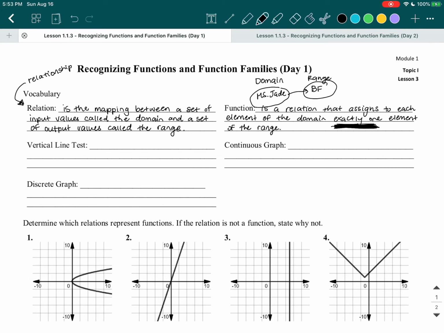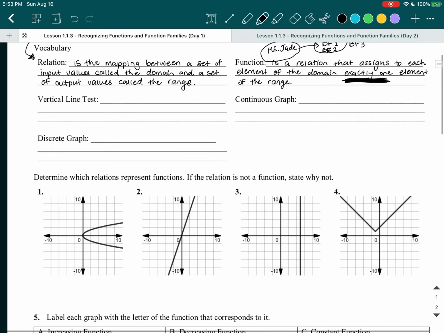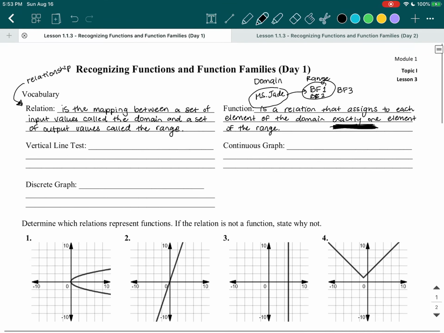Now, let's think about if Miss Jade was going to go on 3 dates in one day, okay? So I have boyfriend 1 for breakfast, boyfriend 2 for lunch, and boyfriend 3 for dinner, okay? Because I'm hungry. So then Miss Jade would go to boyfriend 1, and also go to boyfriend 2, and also go to boyfriend 3.